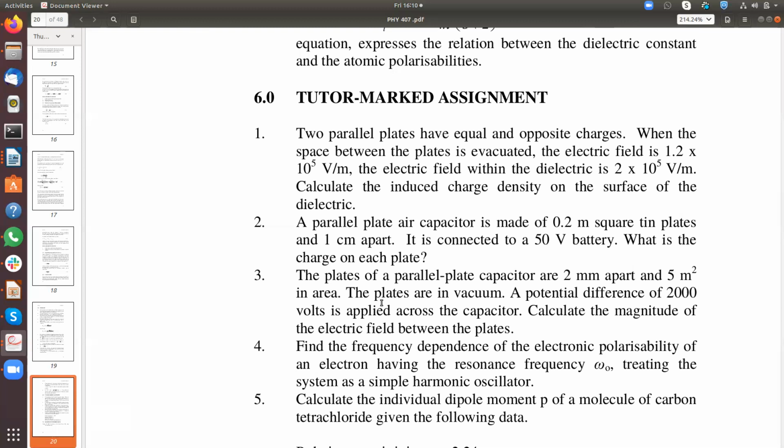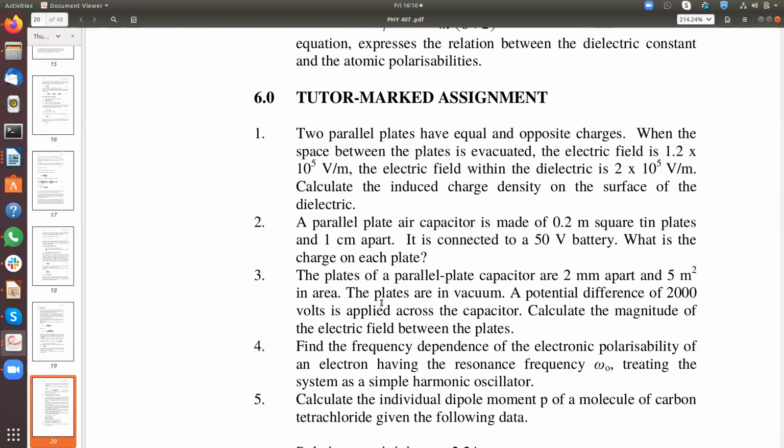The plates of a parallel plate capacitor are 2 millimeters apart and 5 meters squared in area. So the plates are in vacuum. A potential difference of 2000 volts is applied across the capacitor. Calculate the magnitude of the electric field between the plates. The fourth question says: find the frequency dependence of the electronic polarizability of an electron having the resonant frequency, treating the system as a simple harmonic oscillator.